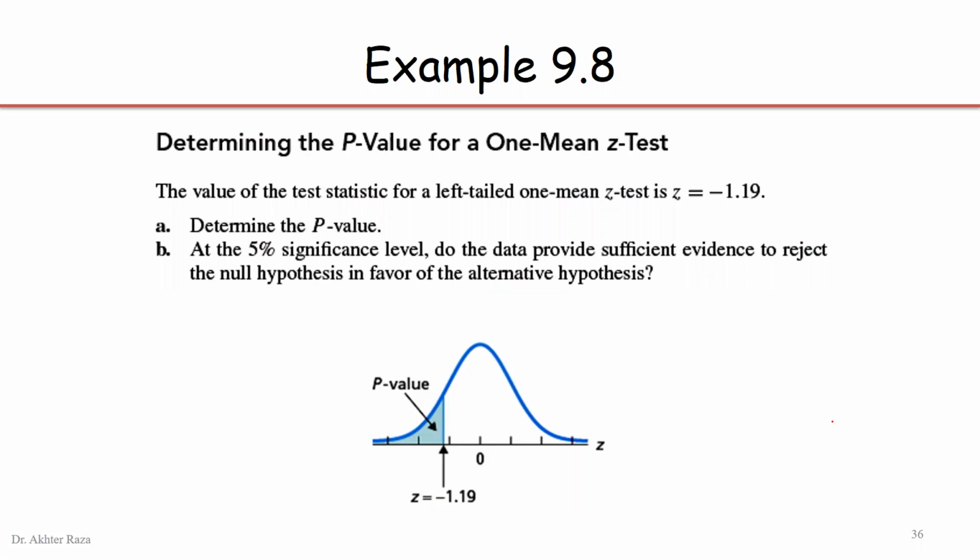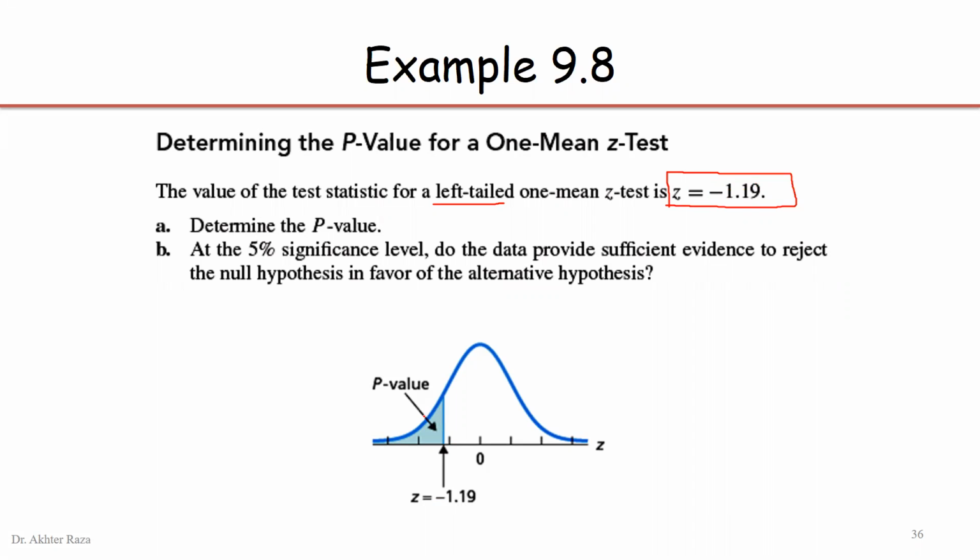In this example, we have to obtain a p-value. The value of the Z score is given to us. Suppose we have computed in step number 3 the value of the Z statistic, minus 1.19, and we have a left tail test, and the p-value is to be obtained. So just look up minus 1.19 in the Z table. Against that, we have a probability.